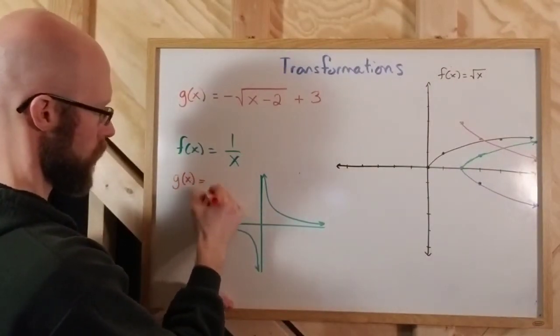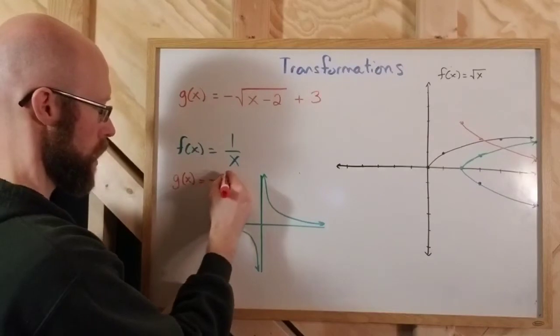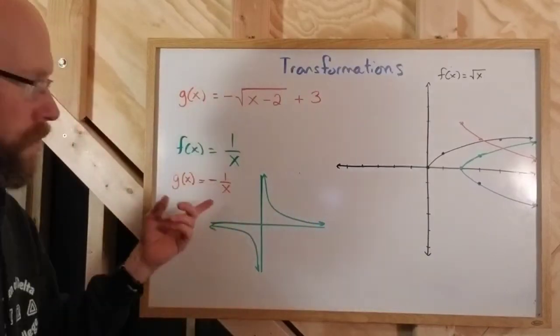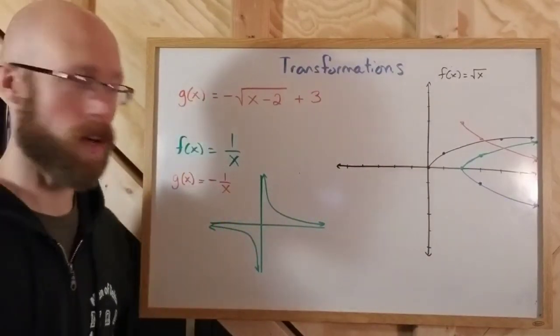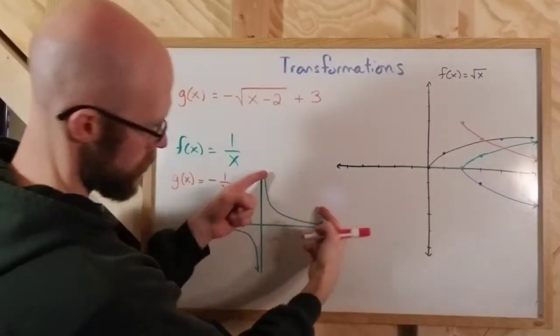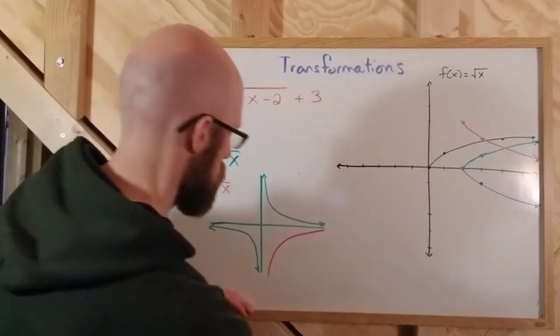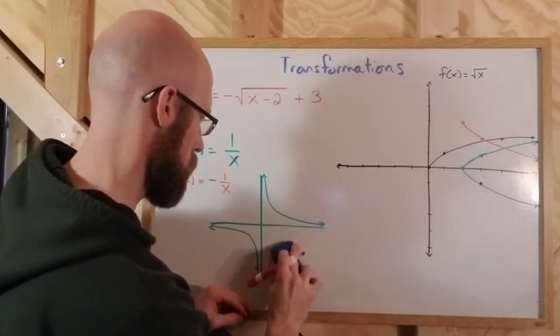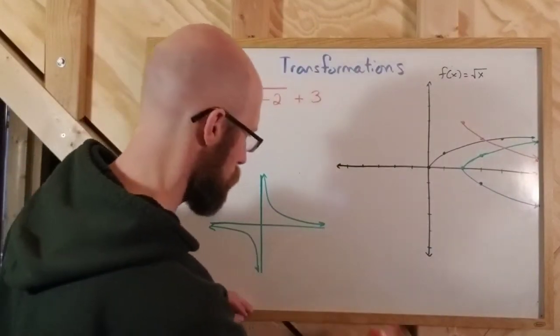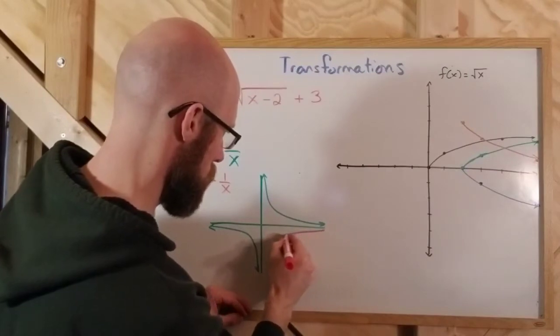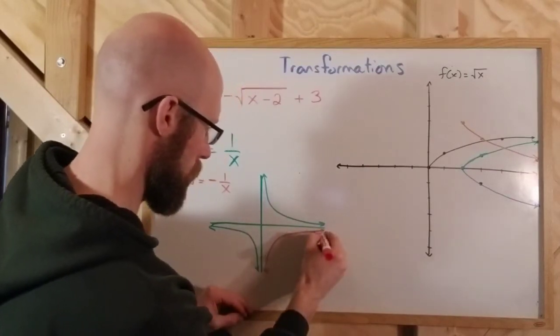A vertical reflection would be multiplying the entire function by a negative, okay? And so what you would get is this top portion reflects down. Oops, not drawn very well. Should be a pretty good mirror image here. Okay, that's better.